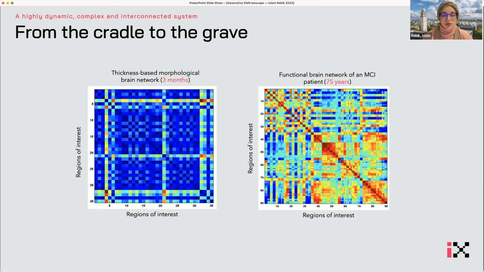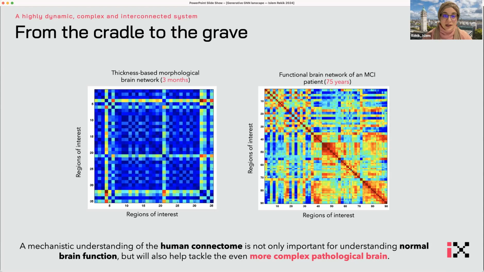So trying to understand and analyze these matrices and populations of matrices of brain graphs is an important endeavor because it allows us to gain a deeper, fundamental understanding of how the brain operates at the macro scale. So here, these connectivity matrices or these graphs represent the large-scale interactions between big parts of the brain.